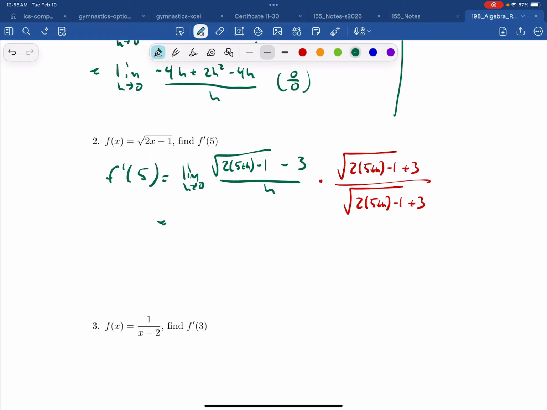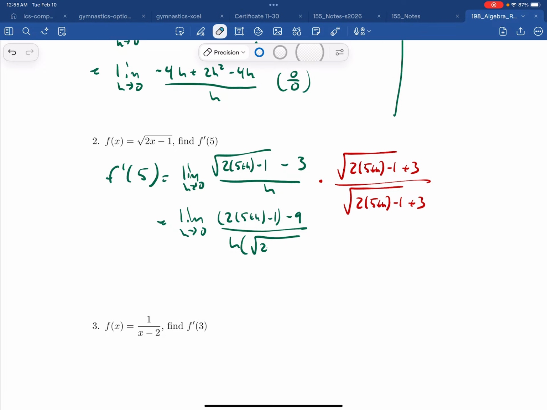So when we do this out, we get the limit as h approaches 0 of 2 times 5 plus h minus 1 minus 9, all over, and again, this is going to be a mess, but that's okay, the square root of 2 times 5 plus h minus 1 plus 3. And so when we clean all this stuff up, note that the 2 times 5 minus 1 is going to cancel with the 9.